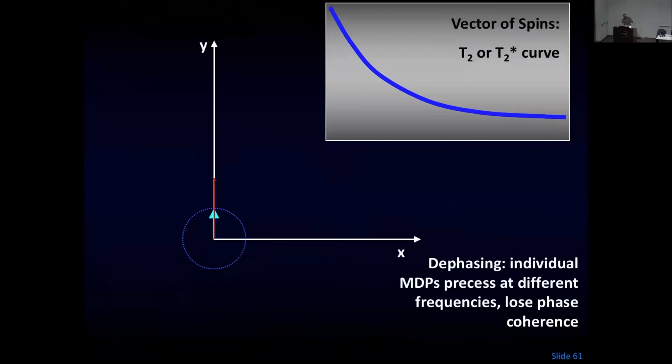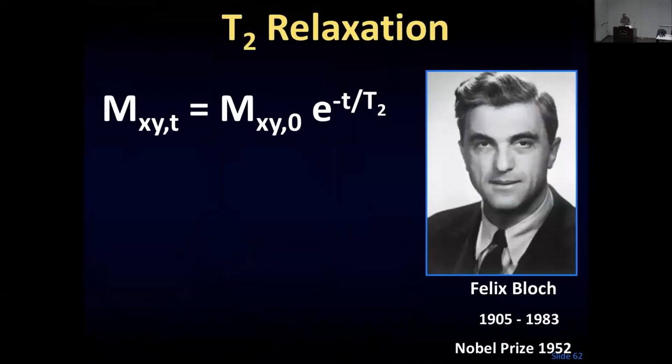So T2 is the signal loss, the loss of amplitude, due to the dephasing of the protons. This is known as T2 relaxation, and T2 relaxation was also described by Felix Bloch. It has this form, where the amplitude of the magnetization in the XY plane as a function of t is given by the initial magnetization at time 0 times e to the minus t over T2.